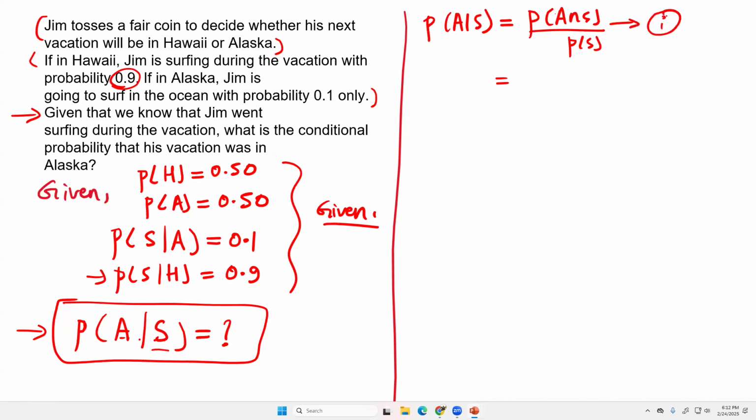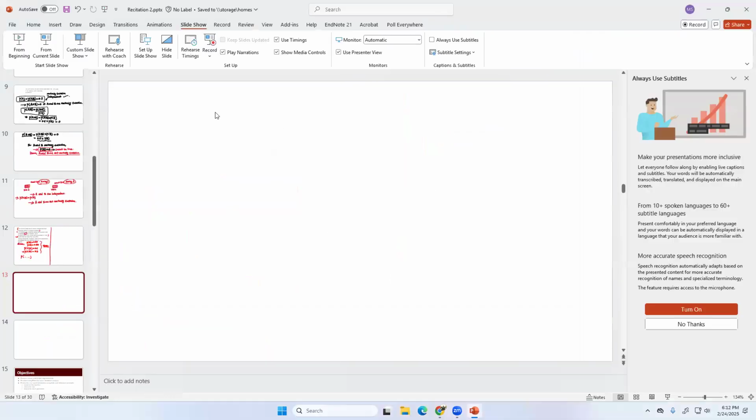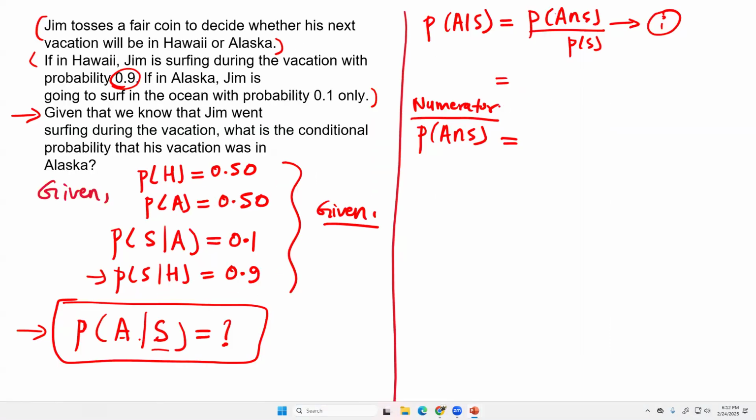What is the probability of A and S, the numerator? How do you find this? 0.5 times 0.1. So what formula are you using?